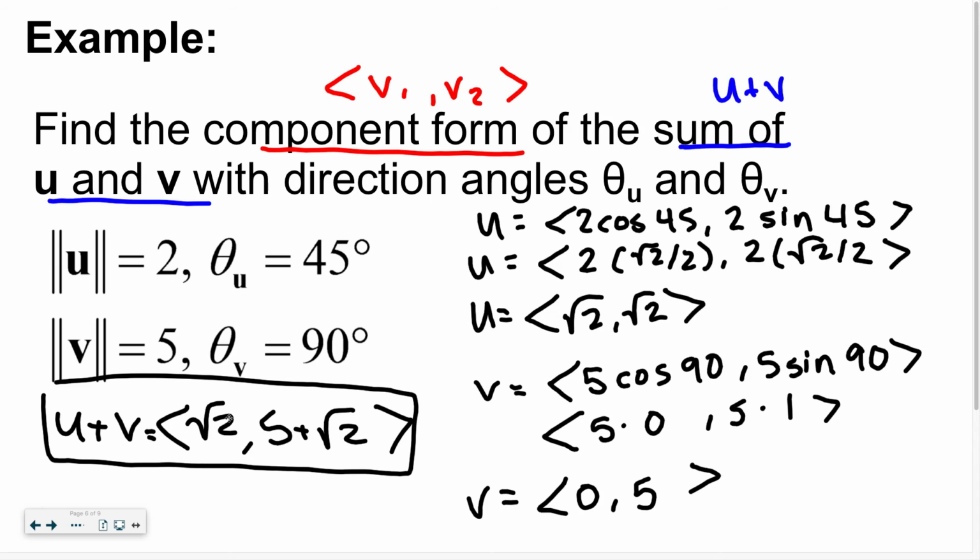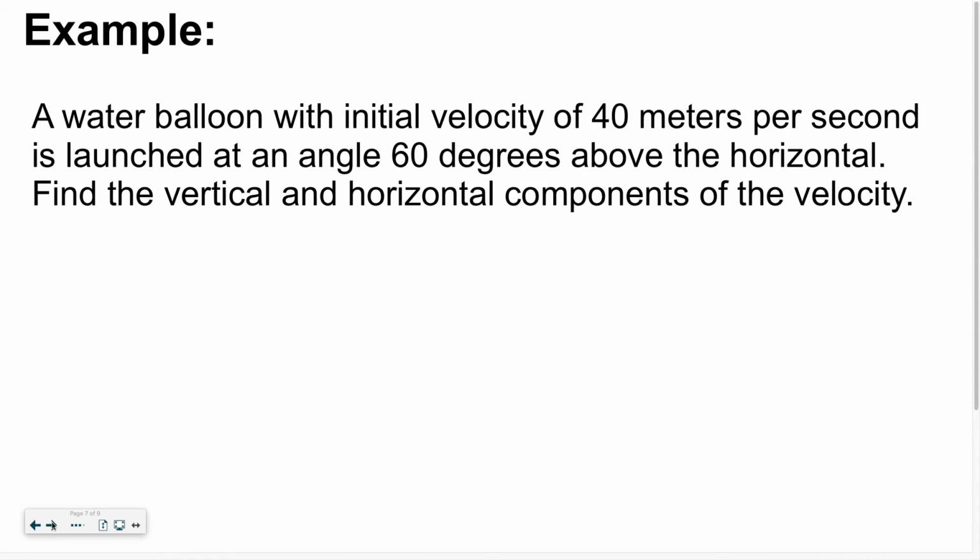Okay. So let's see. I think I have one word problem. Then I'll hand back your quizzes. We've got a water balloon traveling with initial velocity 40 meters per second. It's being launched at an angle 60 degrees above the horizontal.